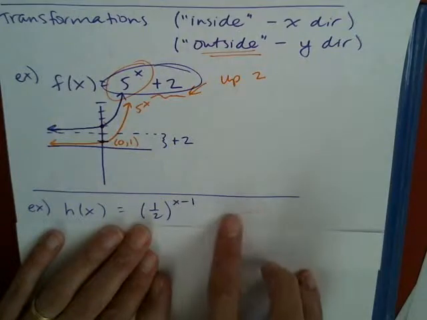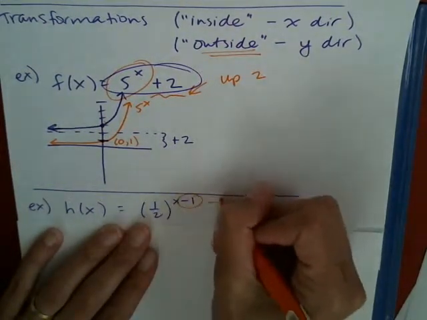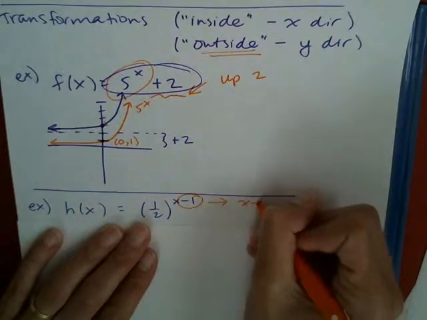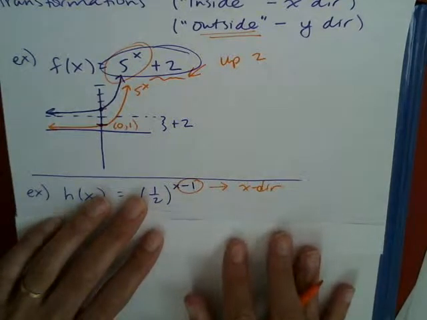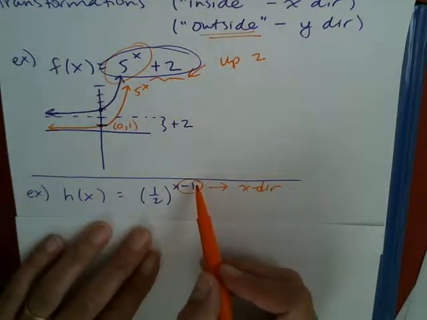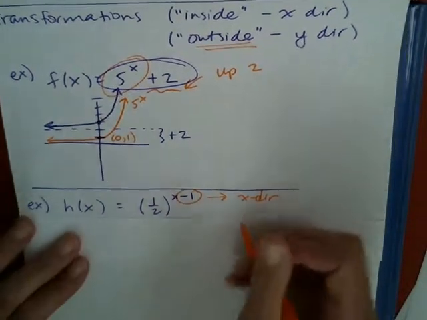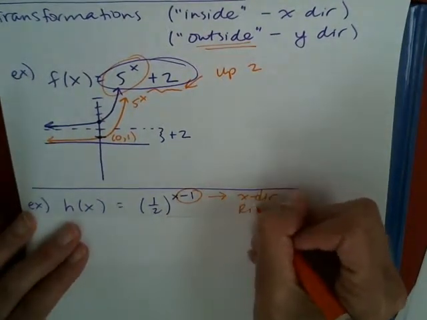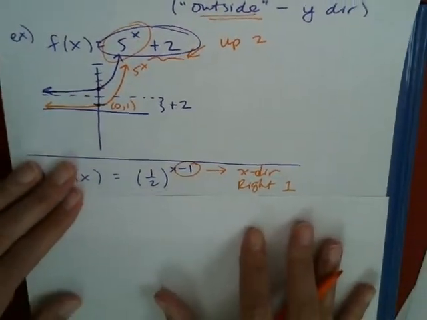It's not on the outside, it's with the exponential. So this minus 1 is a change in the x direction, which all happen in the opposite direction. So instead of moving everything left 1 because of the subtract 1, I'm going to move to the right by 1. Remember, those are all opposite. We're compensating because it's something we're putting into the function.